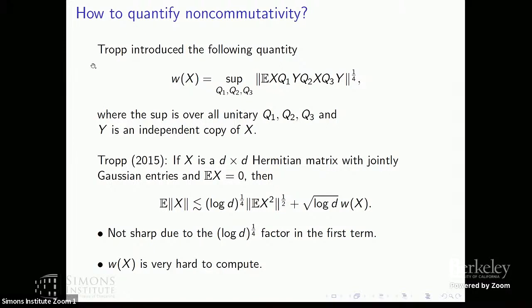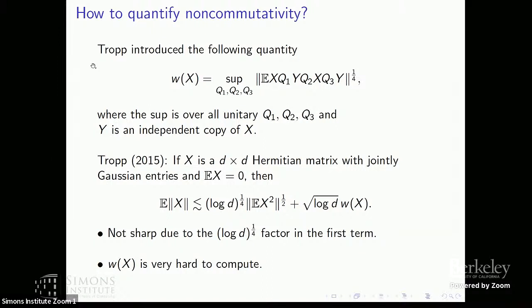So if we take an independent copy Y of X, then we take XY, XY, and insert the unitaries in between, take the expectation, take the norm, and take the supremum over all the unitaries. This is a way to quantify non-commutativity. That's what Tropp proposed, and he did prove something: we can reduce the square root log D factor to log D to the power 1/4.